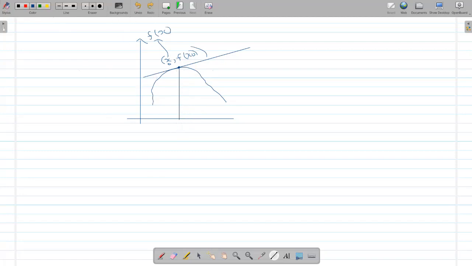Okay, we go h units away from here. So from here to here is h. Okay, and here to here is x naught, no? So the x coordinate of this point is x naught plus h.